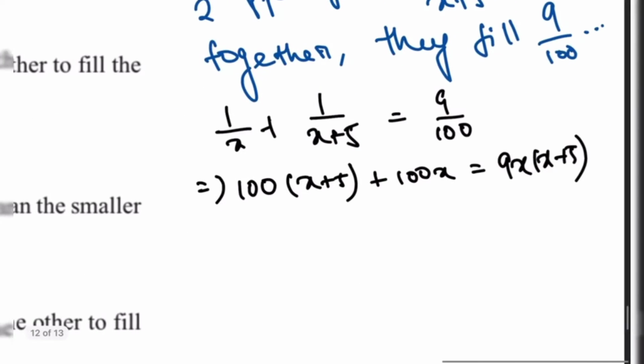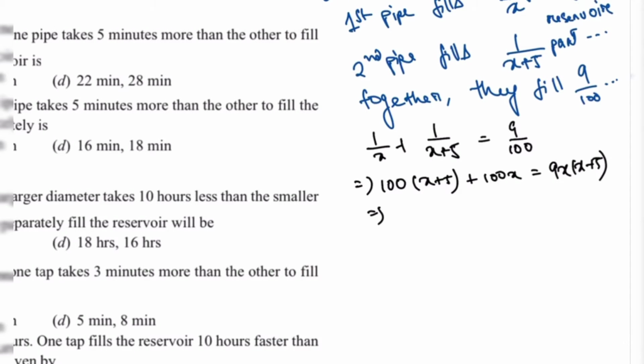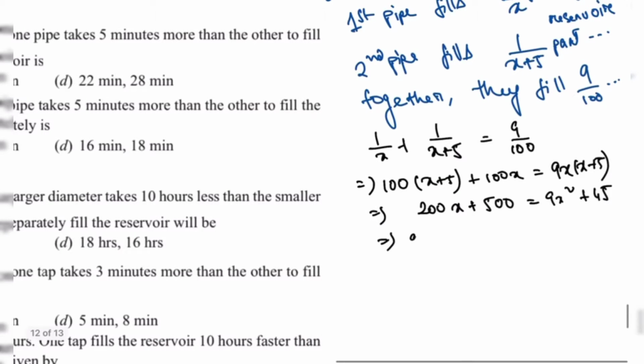So there we are. Now 100x plus 100x is 200x, and we have a 500. So 200x plus 500 is the left hand side, and what is the right hand side? 9x square plus 45. So we have 9x square minus 155, minus 500 equals 0.